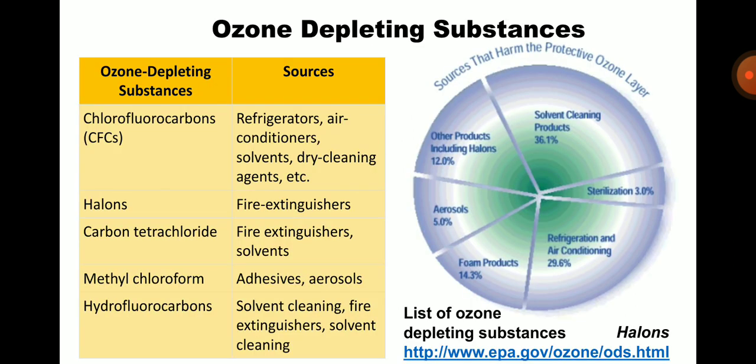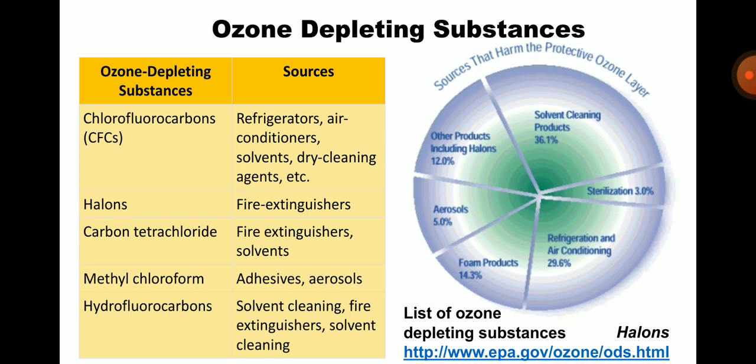Here is a slide which will give you an indication about the various ozone depleting substances and their sources. The first table gives the name of the ODS, that is ozone depleting substance, and its source.